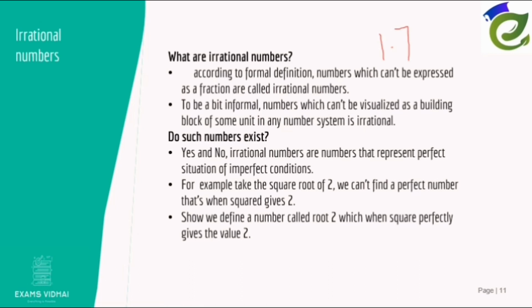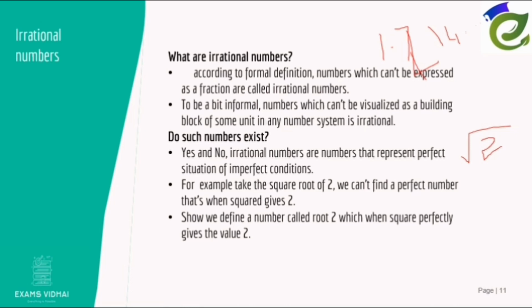The square root of 2 is 1.414 and a lot of digits will be there, and you will never ever find the end of the digits. So we define a number called root 2 which when squared perfectly gives the value 2. So how will you represent it? Like this, root 2. You can't give an exact value for that. It has infinite decimal places in it.